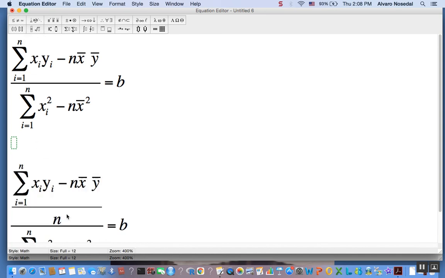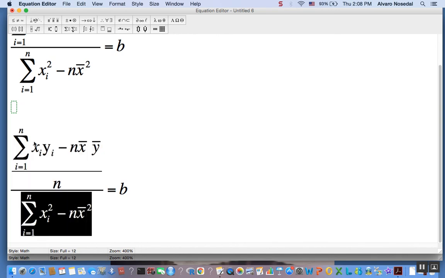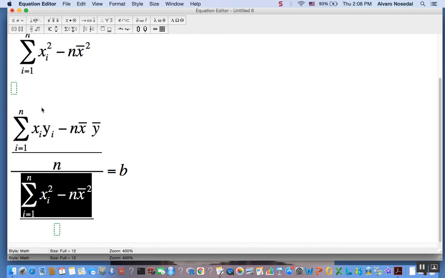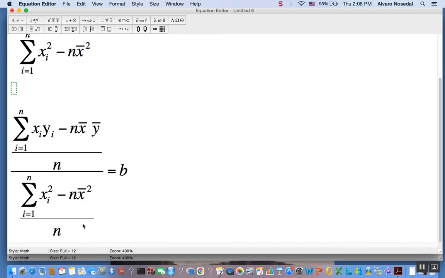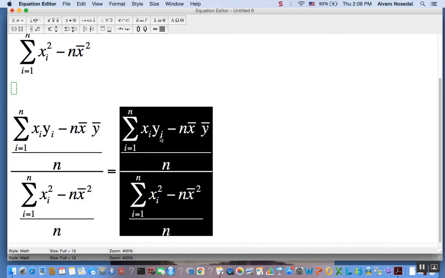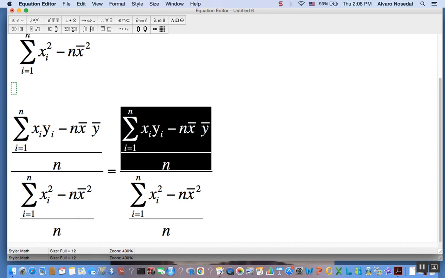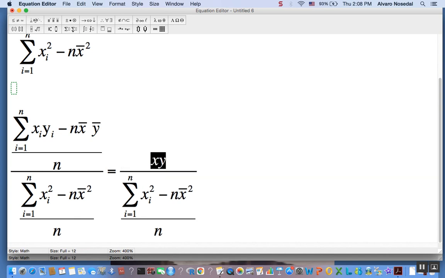So if you divide by n here and by n here, then you will have the expression that in your textbook, the first one, is what the authors refer to as x, y bar.